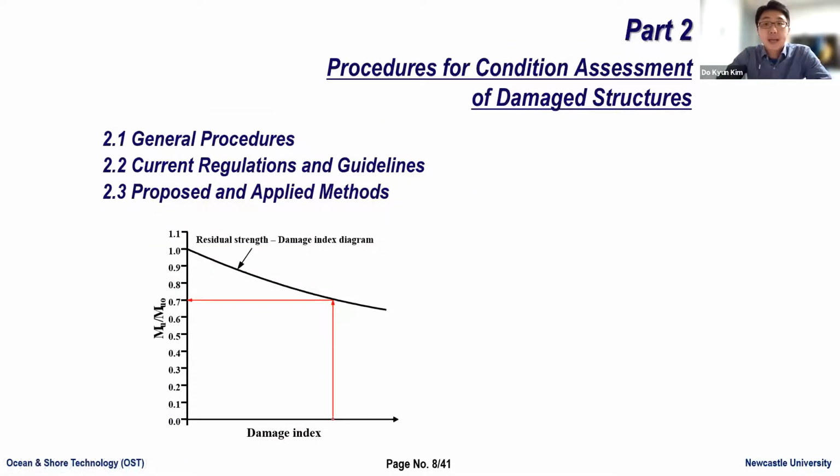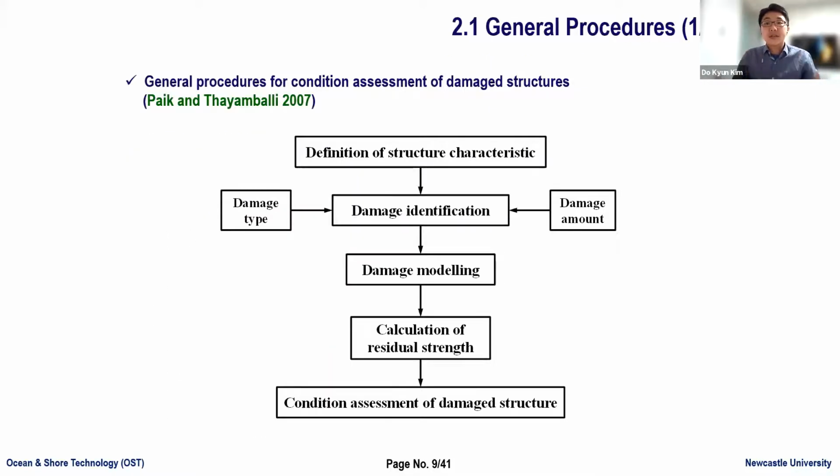So, procedures for the condition assessment of the damaged structures. Of course, I will show you the general procedure and the current regulations and guidelines, and I will highlight the proposed method and the applied examples. So this is the general procedure. We need to firstly define the structural characteristics, and of course the damage should be identified by determining the damage amount and the location or the type.